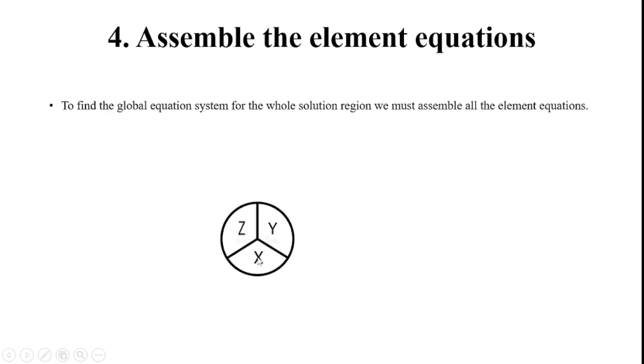So x has its individual equation, y has its own individual equation, and z has its own individual equation. So finally, we combine these three local equations, we can get the global equation, which is the assemble the element equation step available in the finite element methodology.